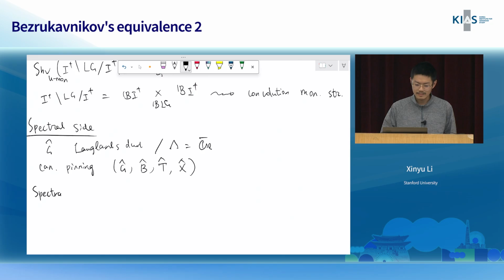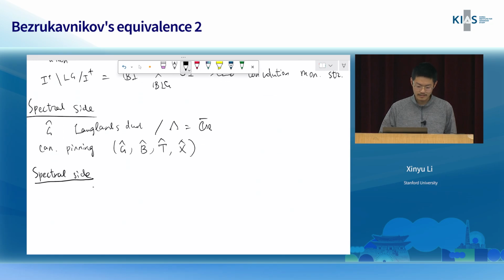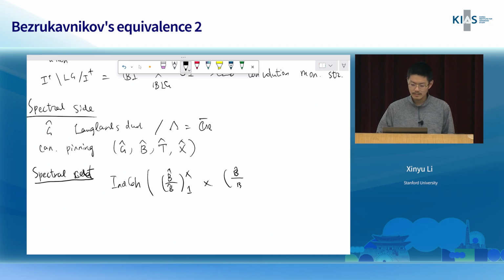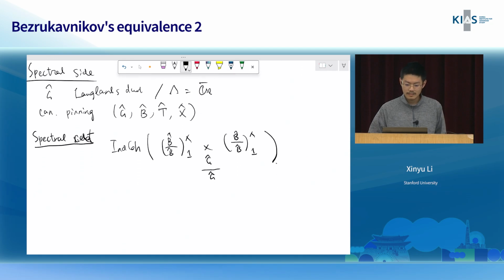So the spectral side of Bezrukavnikov's equivalence, the spectral category, is what's called ind-coherent sheaves on the so-called Steinberg stacks, and its variants.